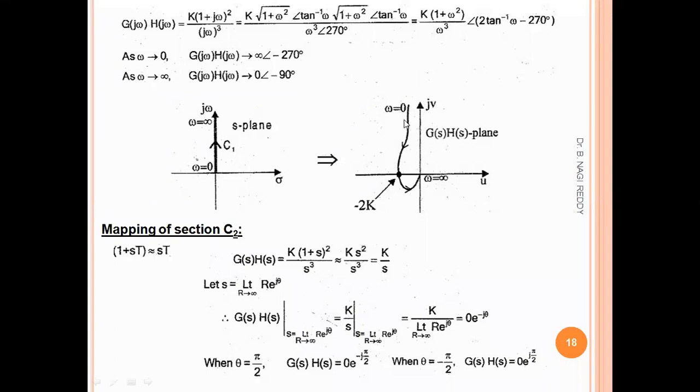So from infinity it is coming, and when omega is equal to infinity, you'll get the magnitude as 0. So that's why at the end it is reaching the origin at minus 90 degree point. At minus 90 means this line. So that's why we will get this curve for the C1 section. So for C1 section, the G(s)H(s) plane will be like this.